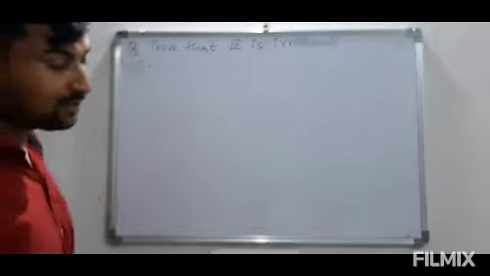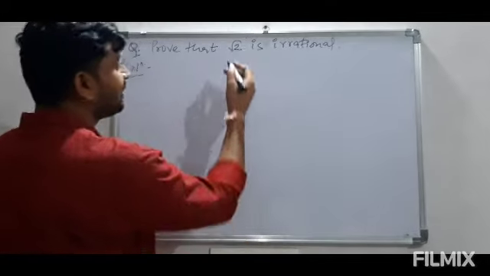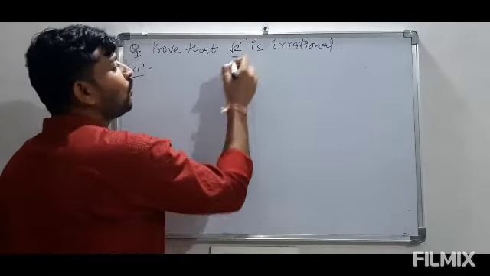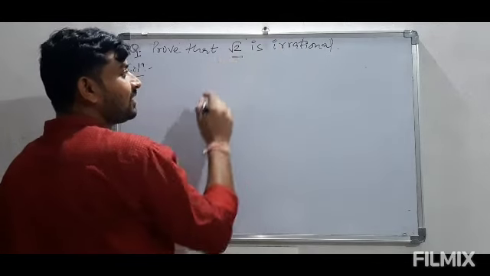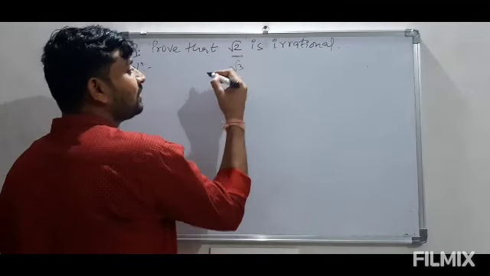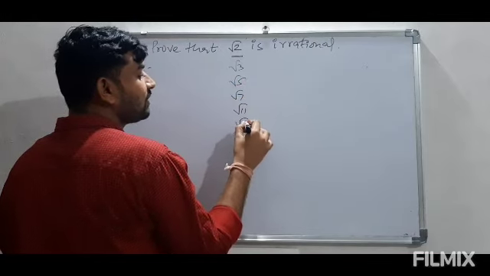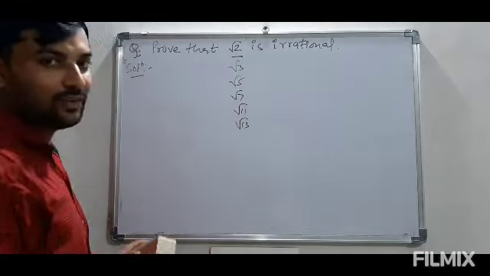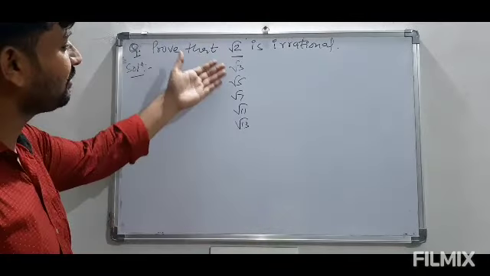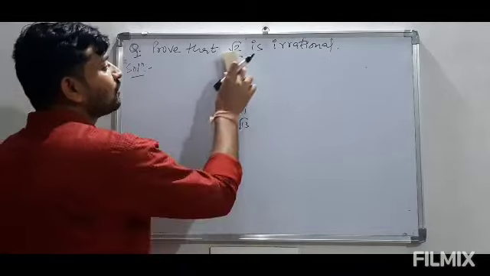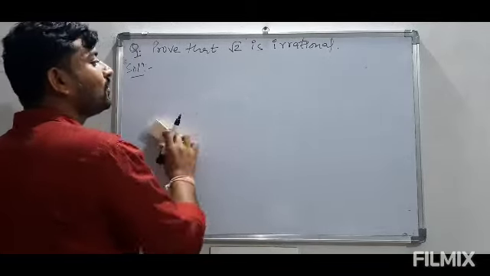Before starting, I want to tell you a very important thing: the whole solution will be the same for all kinds of irrational numbers under a radical sign. If we take root 3, root 5, root 7, root 11, root 13, it is the same for all. So whatever method is available can be proved for any other prime number under a radical sign. So this is going to be the first and last proof.